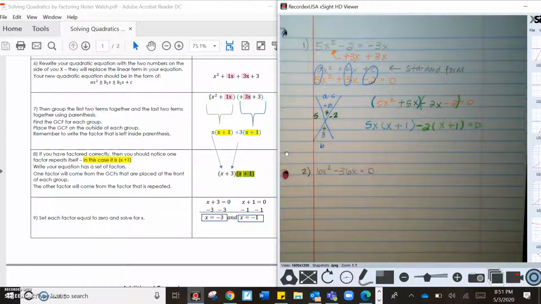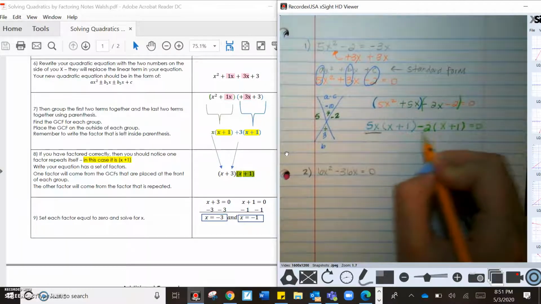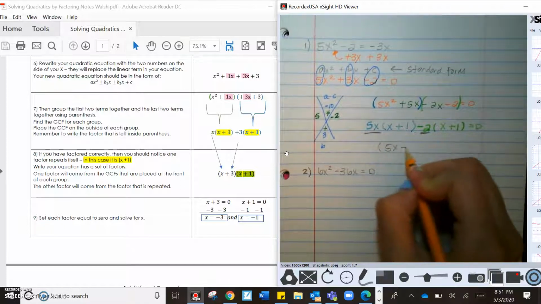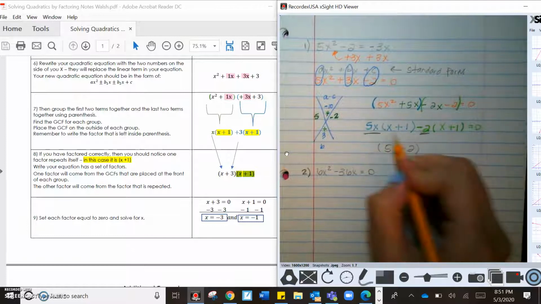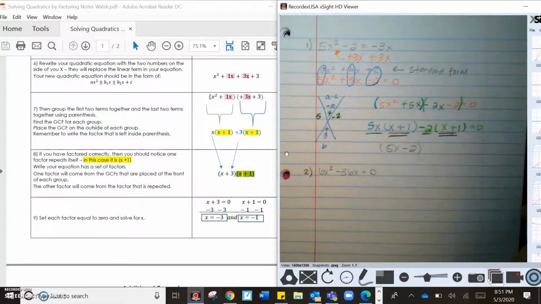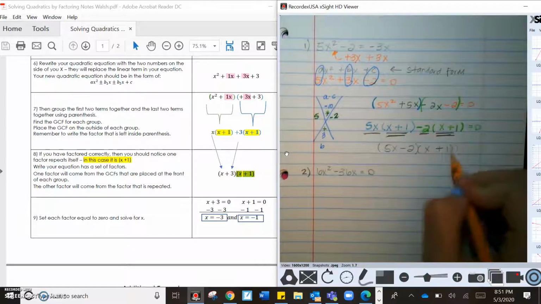So let's write this as a product of 2 binomials. When I do that, remember your GCFs become one factor, 5x minus 2. The terms that repeated also become a factor, x plus 1.